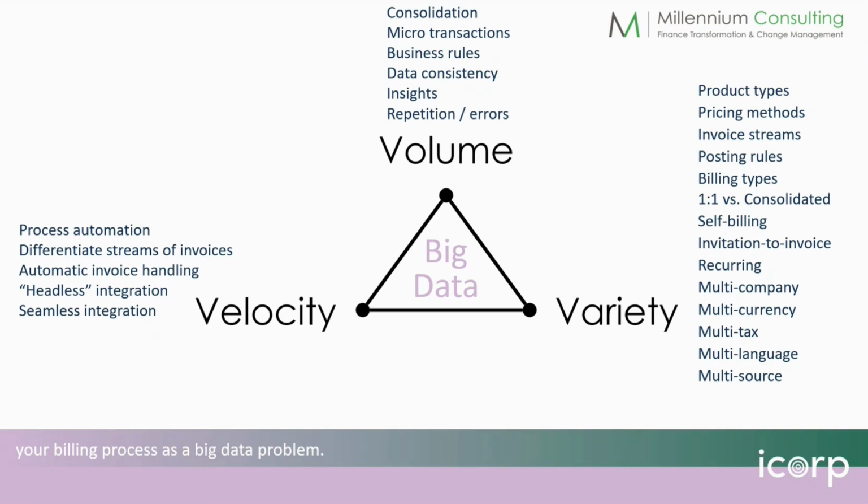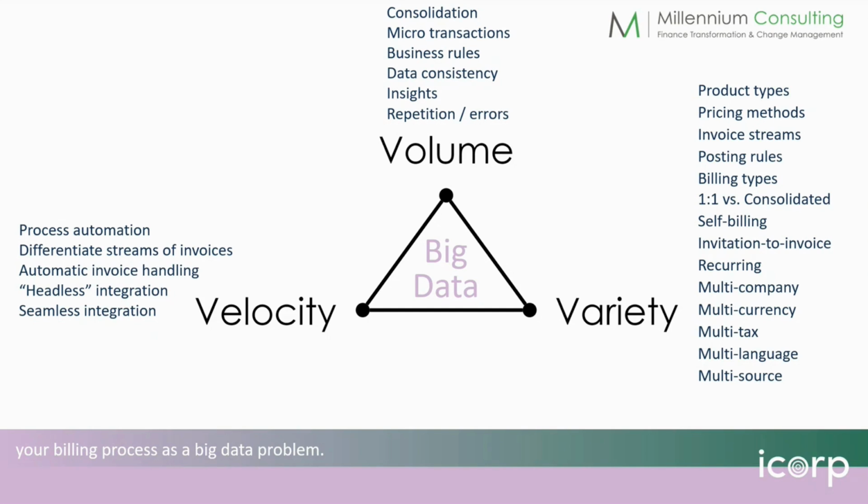errors. Well, when we look at variety, think of product types, different kinds of pricing methods that may vary over time. So that could introduce multiple billing types. And all those billing types could come into play at the same moment. So it's really the business rules playing a role here in order to support that variety.